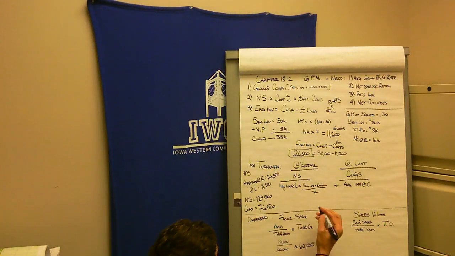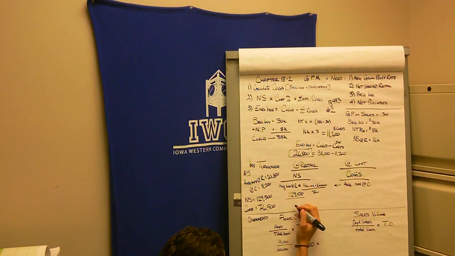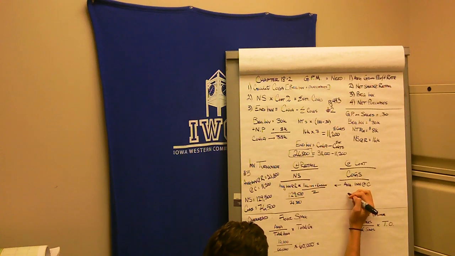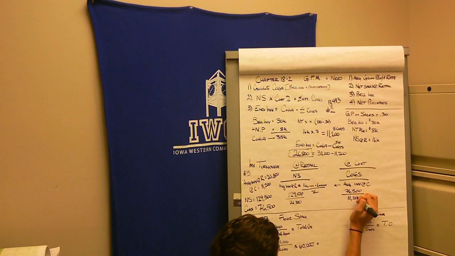I'm just going to put in my numbers: net sales of 129,500 divided by 21,800, and cost of goods sold of 76,500 divided by 11,200.